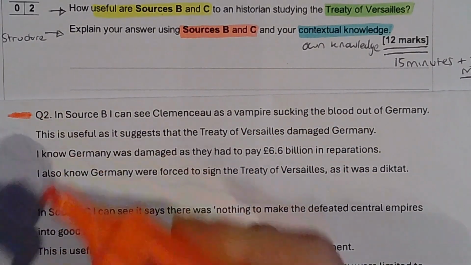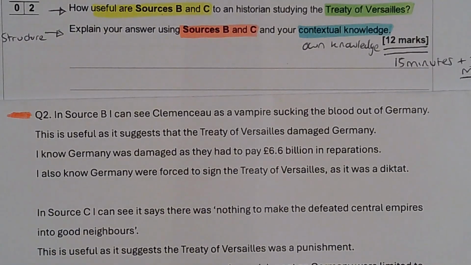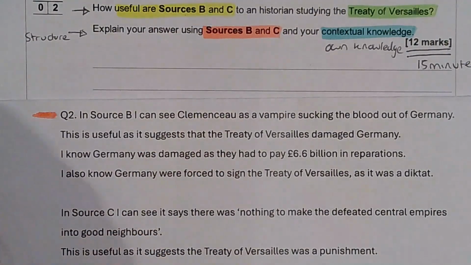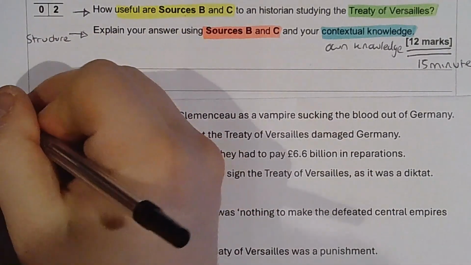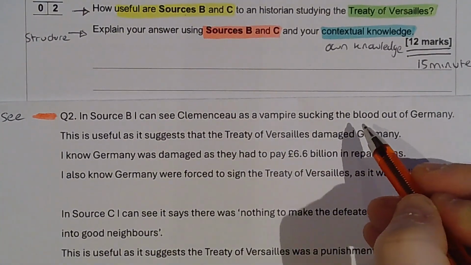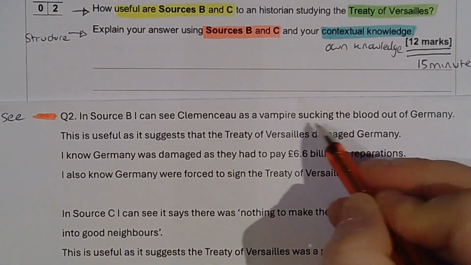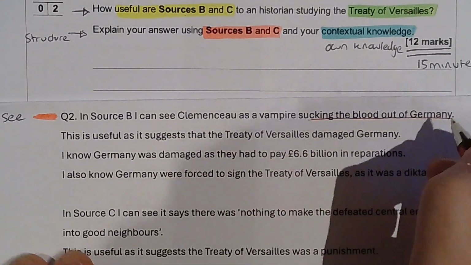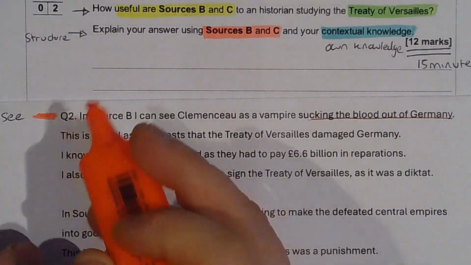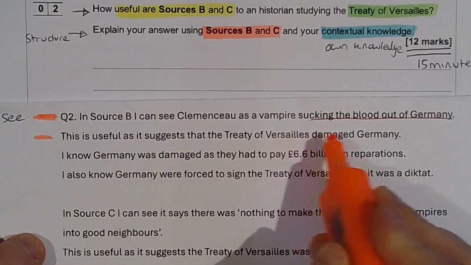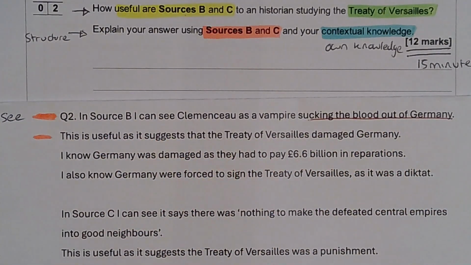So I've discussed what I can see in source B. I then thought, right, what do I need to underline here for my next sentence? And I've said, well, if it's Clemenceau as a vampire sucking the blood out of Germany, this is useful as it suggests that the Treaty of Versailles damaged Germany.